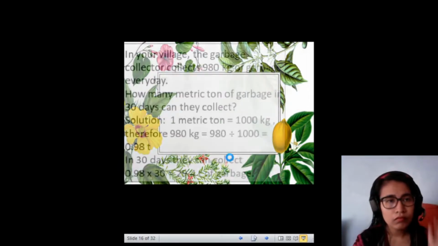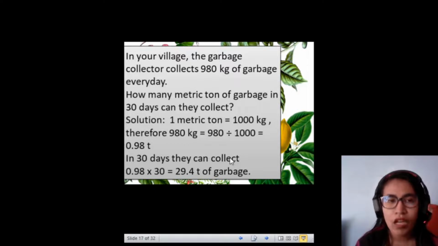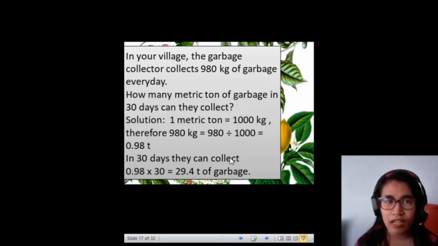Next. In your village, the garbage collector collects 980 kilograms of garbage every day. The question is, how many metric tons of garbage can they collect in 30 days? We all know that 1 metric ton is equal to 1,000 kilograms. Therefore, 980 kilograms should be divided by 1,000.